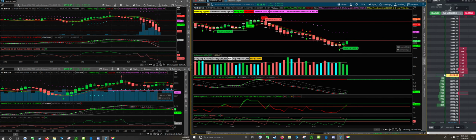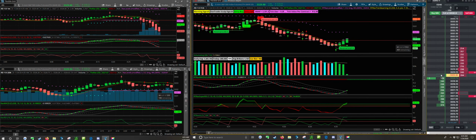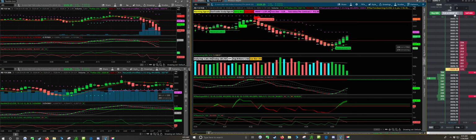Reversal at 29. 29 triggered. 29 triggered long. Go ahead and take your profit on that.